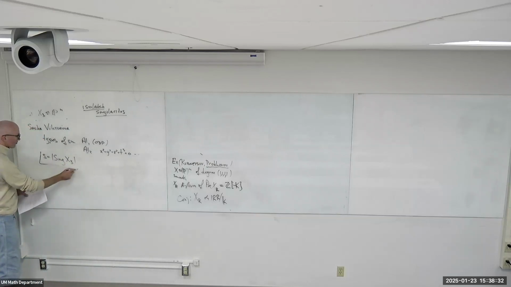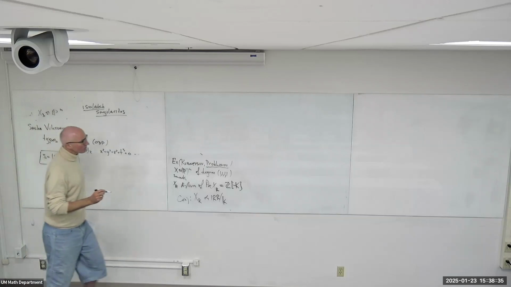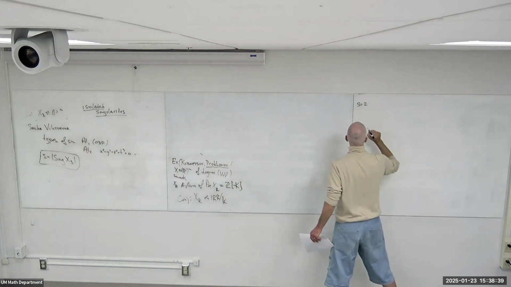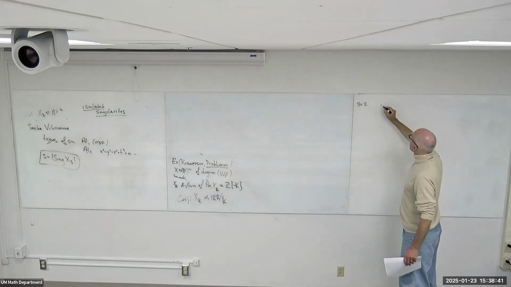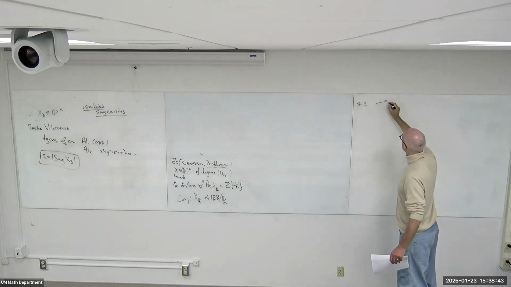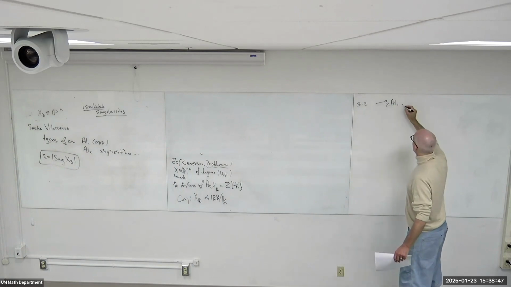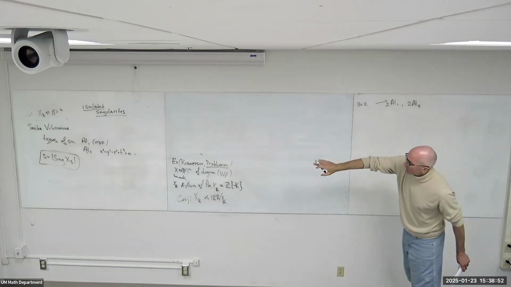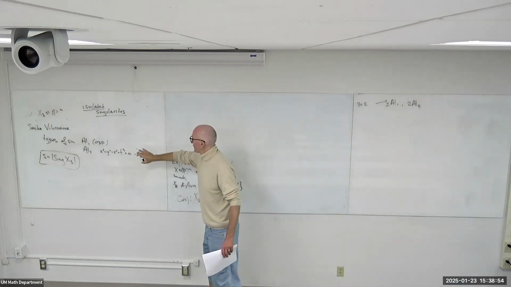So this is the number of singular points. When S is 2, we have two singular points. Then there are two cases: 2A1 singularities, two ordinary double points, or 2A2 singularities, all very minor.